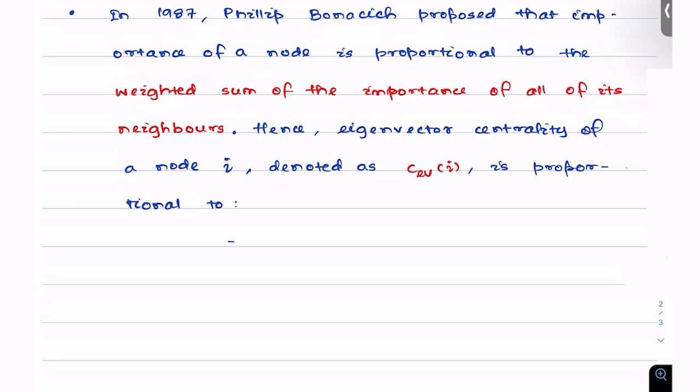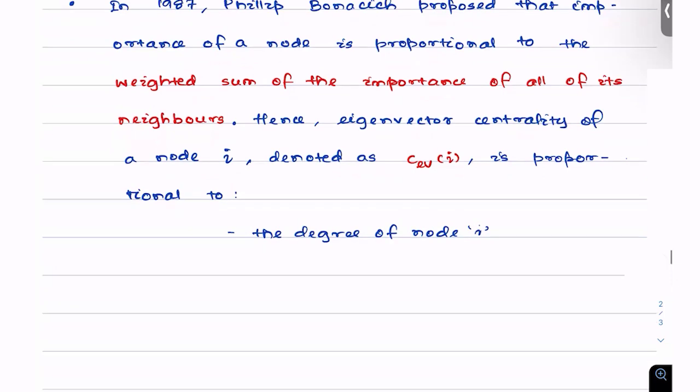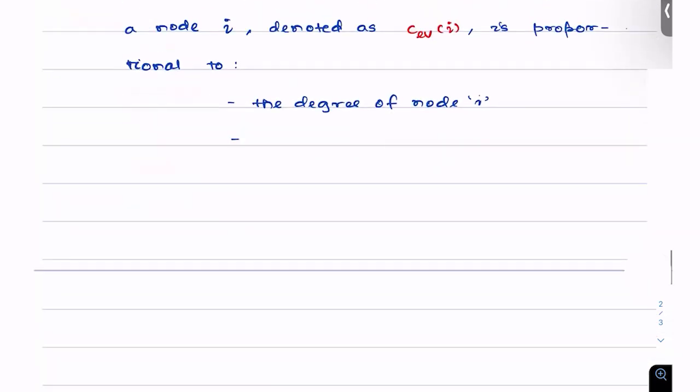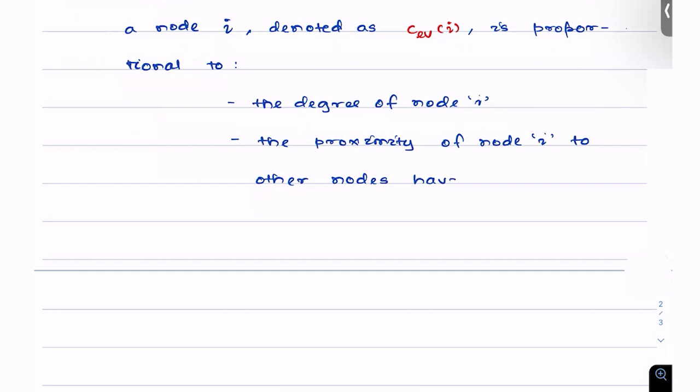First, the degree of the node i, and second, the proximity of node i to other nodes having high degrees.